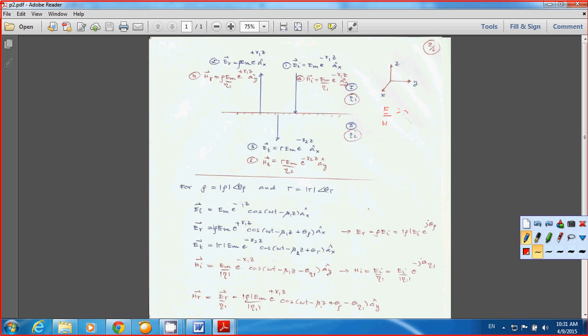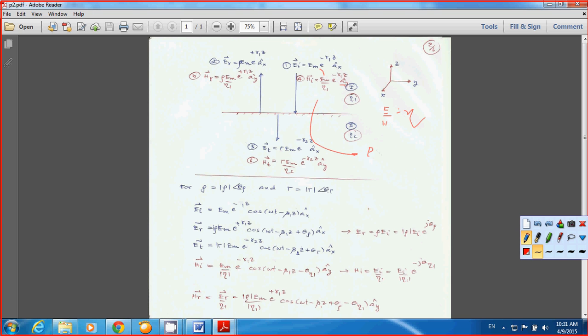Eta, correct? The intrinsic impedance of the medium. So that's why I have EM over eta 1 here, and still multiplied by exponential negative gamma 1 Z, but this one has the component of Y.